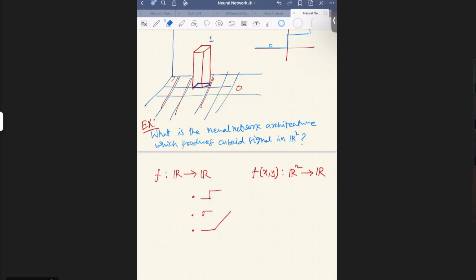ReLU is something like this. You feel what is the building block, what is the brick, which is constructing the f of x. You can also take tan hyperbolic.